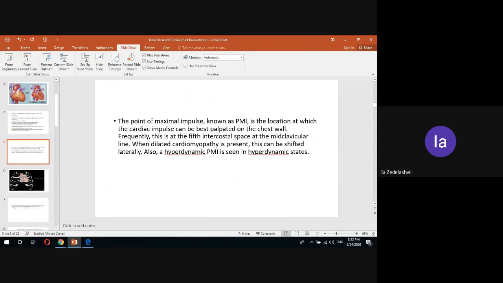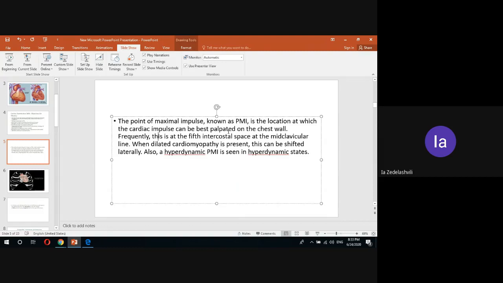Yes, here you can see the maximal impulse, known as PMI, point of maximal impulse. This is the location at which the cardiac impulse can be best palpated on the chest wall.